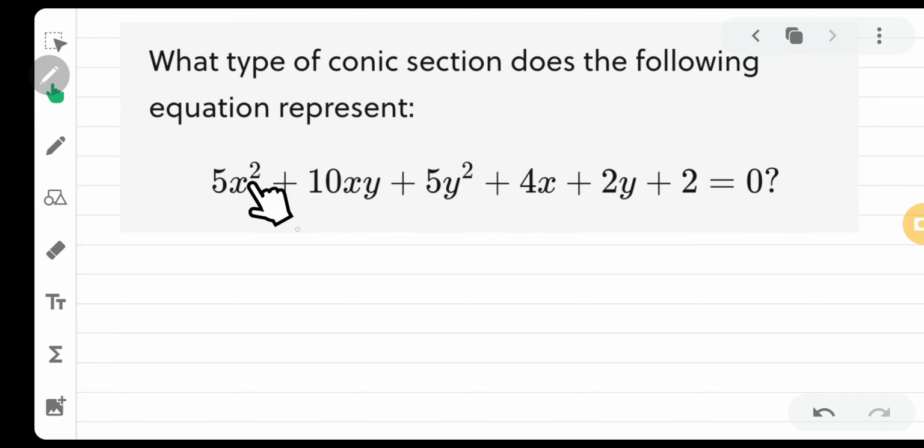For example, we have a very long conic section equation, and we need to identify whether it is a pair of straight lines, a circle, parabola, hyperbola or ellipse. By just merely observing the equation, you won't ever be able to get the answer. A student might never think of it as a pair of straight lines or a circle or a hyperbola just by merely looking at it. So today I will tell you the master key behind identifying every conic section.